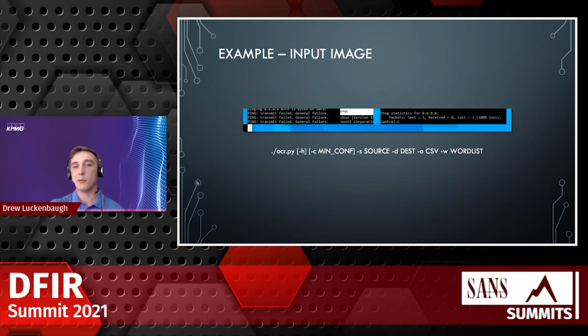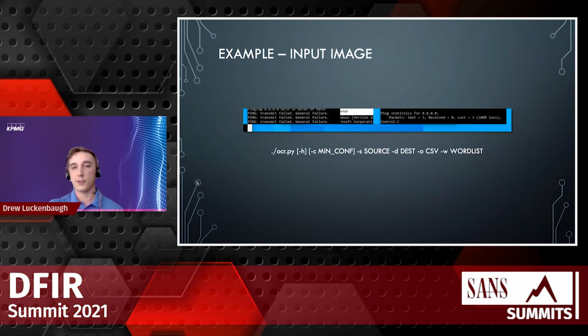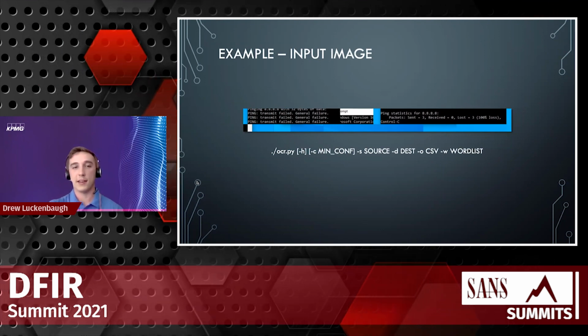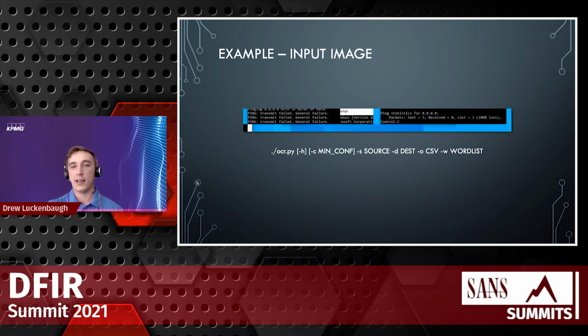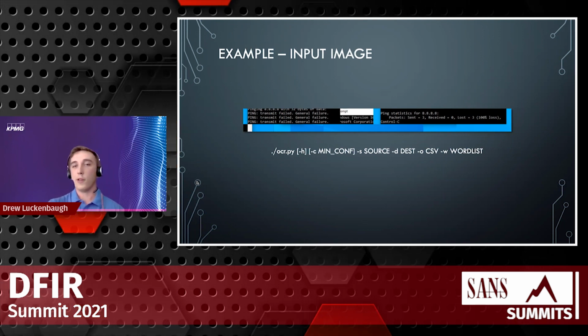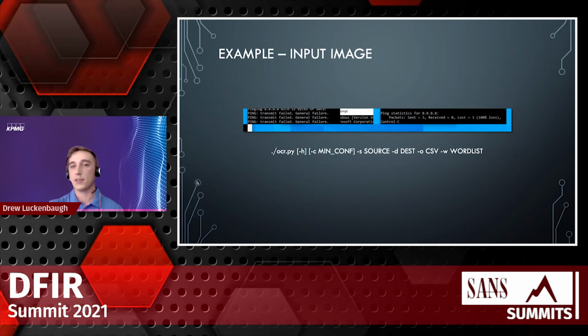That is the minimum confidence level. So this can range anywhere from 0 to 100, where 0 can be every single result that the OCR identifies, and 100 would be, it would have to be fully confident that that's exactly the word or character that it identified. If you don't provide a C flag, it'll automatically use 0, so it'll just give you everything.